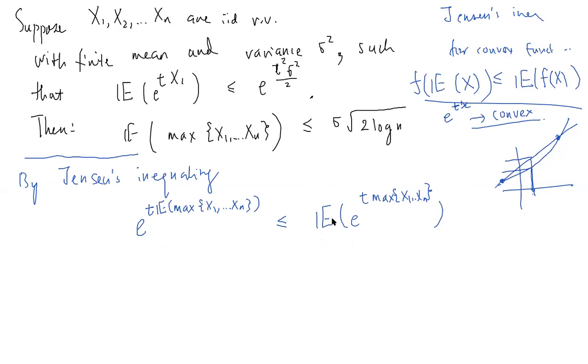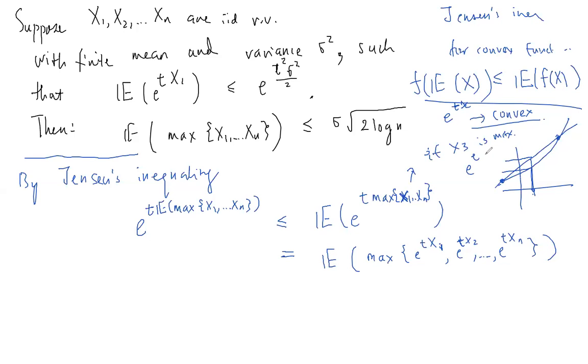Now this is the same as the following, because the max is applied to random variables, so it is the same as applying it to constants. E to the t of the max: if, let's say, your x3 is the largest, then you will get e to the t x3.